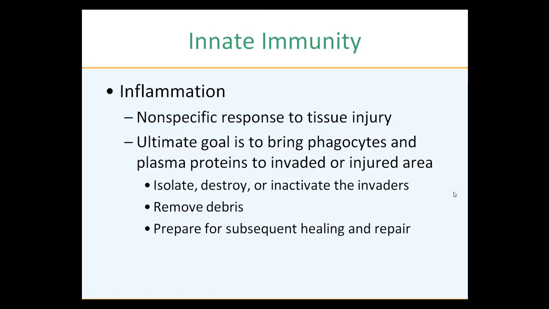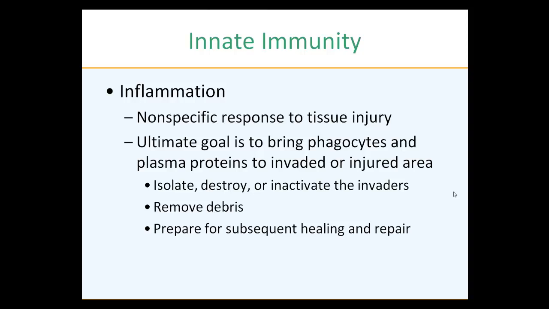Okay, so we move from there into discussing the second part of our innate response. So first we talked about the natural killer cells, and now let's talk about inflammation. Inflammation is a non-specific response to tissue injury or to invasion by bacteria or a foreign target. The ultimate goal is to bring phagocytes, macrophages, and neutrophils, also plasma proteins.